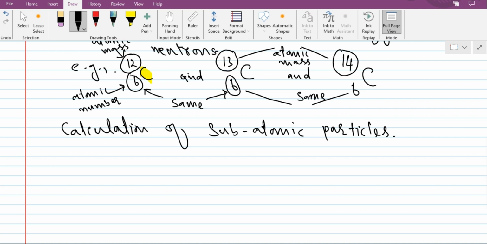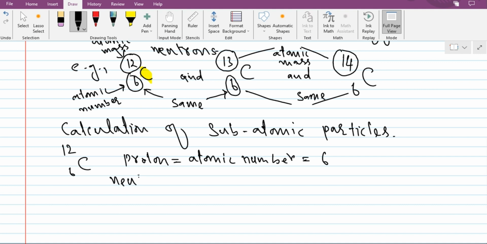For example, I'm focusing on the particle C6 and 12. As I clearly mentioned, protons are always equal to the atomic number in any atom. So in this specific case, the protons are 6.